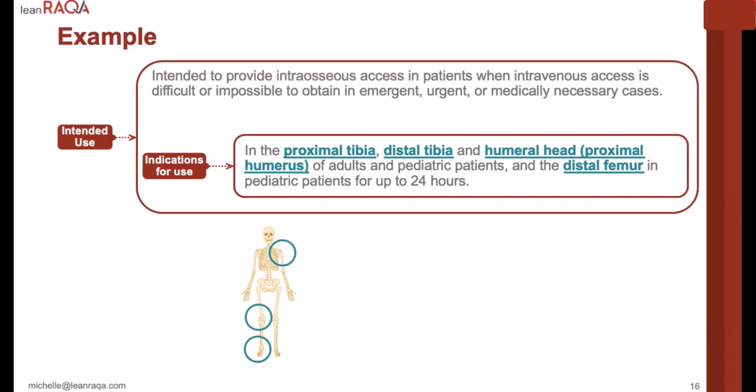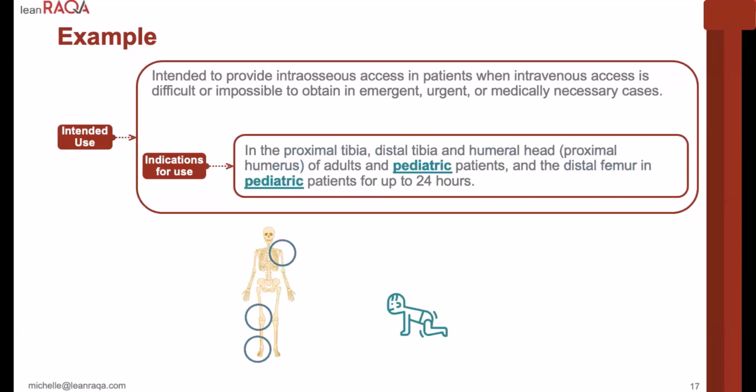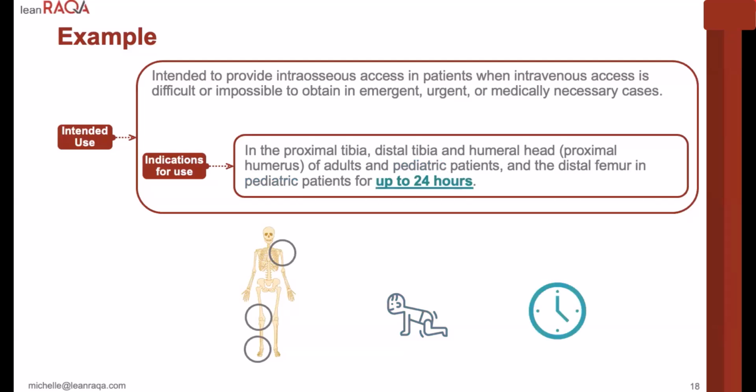First, we have anatomical locations in the proximal and distal tibias, the humeral head, and the distal femur. We also have patient-specific indications in pediatric patients. And we have durations for use up to 24 hours.